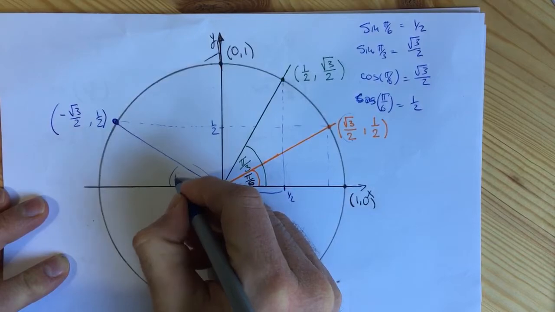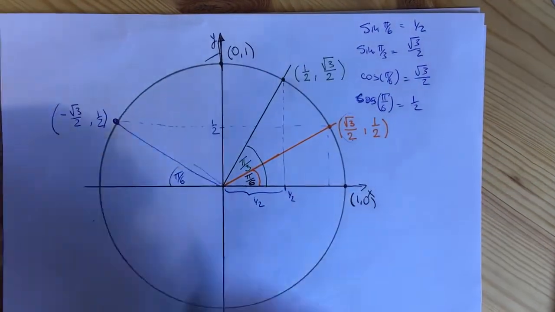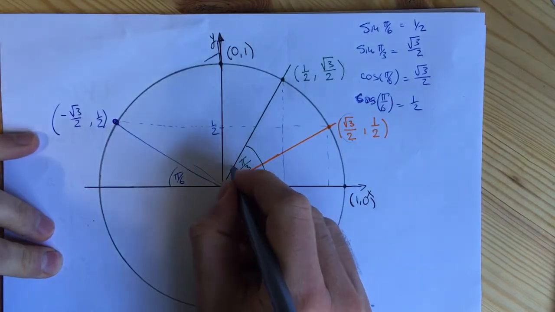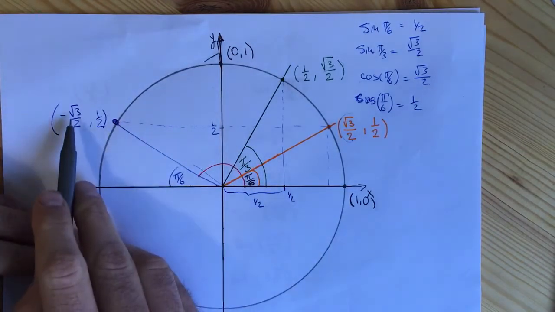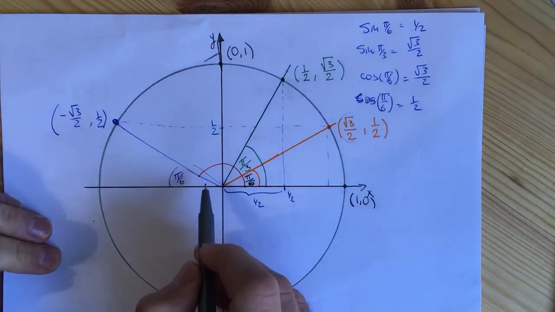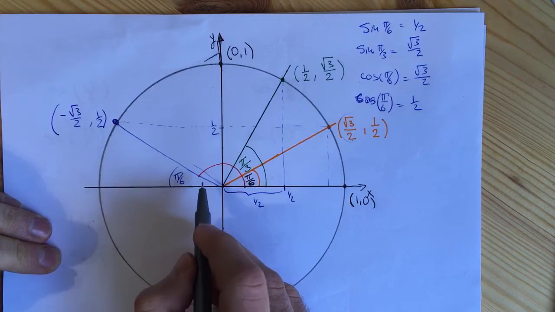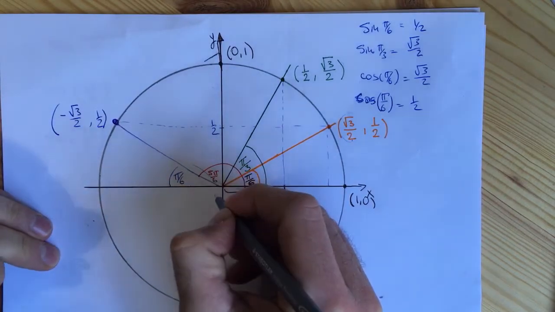This angle here is pi over 6. But as you remember from the previous video, this is not the angle that we are looking for. So what is this angle such that cosine of that angle is negative square root of 3 over 2 and sine of that angle is 1/2? Well, that angle is pi minus pi over 6, or that's 5 pi over 6.